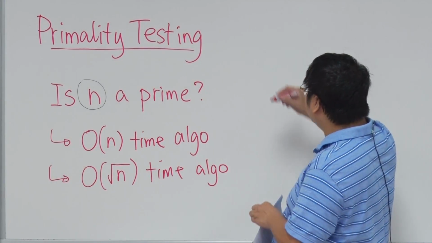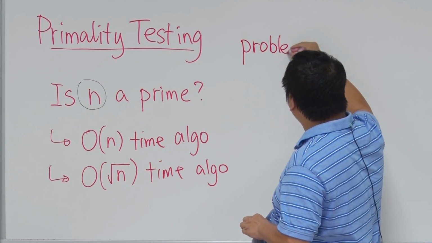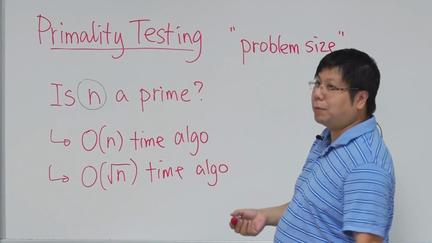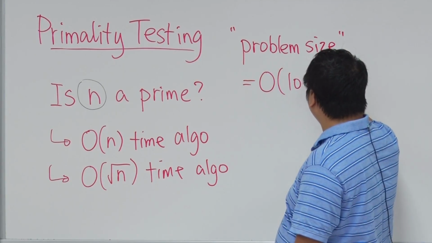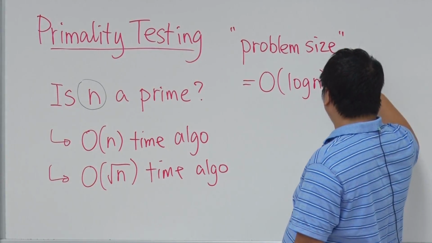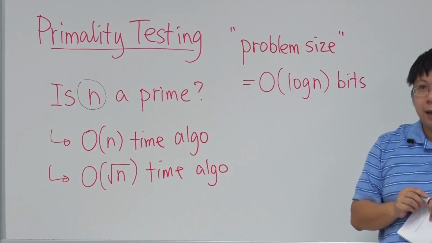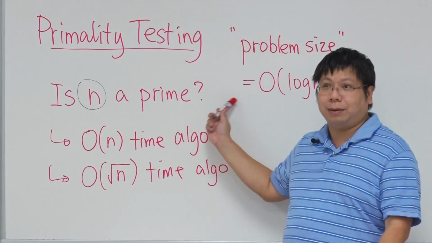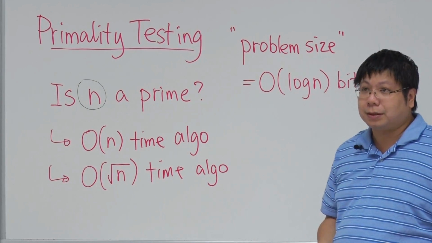So the problem size of this problem is only of order log n bits. We use log n bits to describe n plus a constant number of bits to write down "is a prime" and the question mark. Constant number of bits plus log n, so order of log n bits.